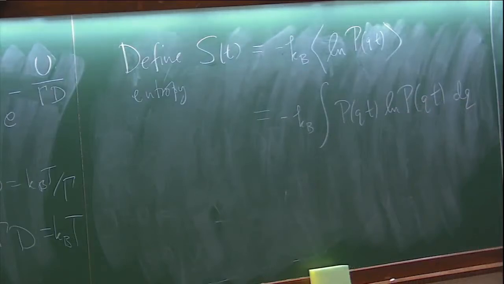No, think about it. This is P. Entropy is k_B times the log. Okay, let's take a special case. Supposing you have a space, and let us say that space has some volume omega, and P is uniform.